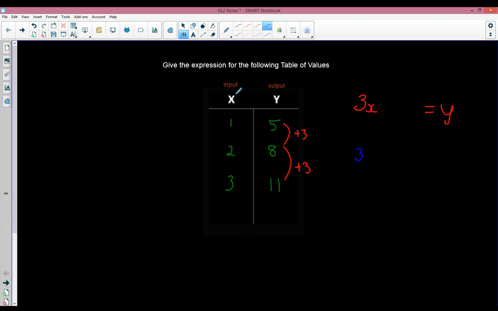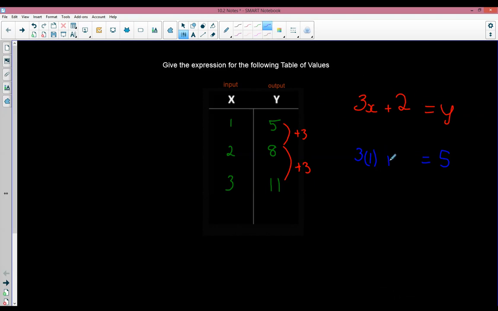So we'll try it. 3 times input for 1 should equal 5. 3 times 1 is 3. How would I get to 5? 3 times 1 is 3. Add 2 would get us to 5. So we're going to propose that our expression for this table of values is 3x plus 2.